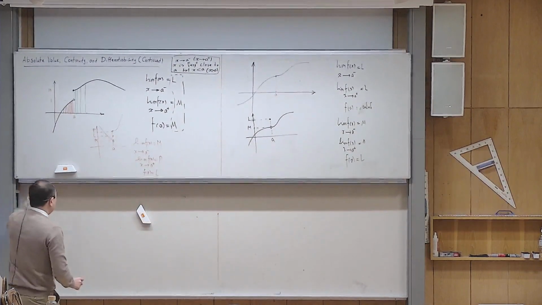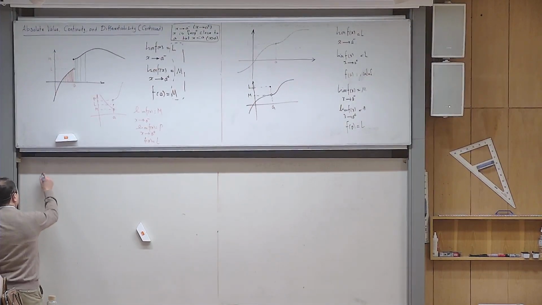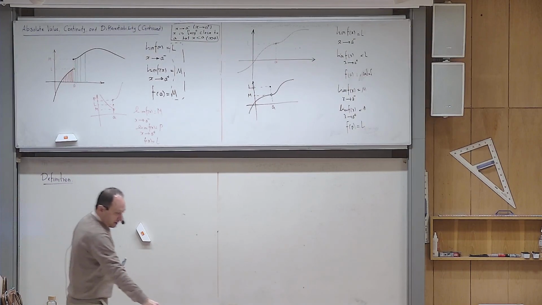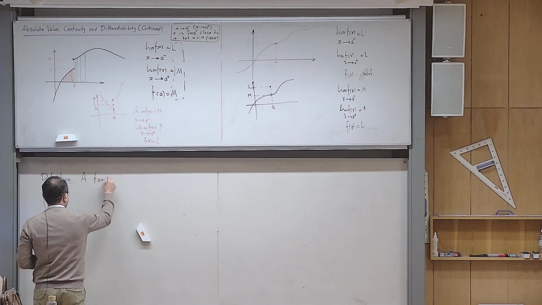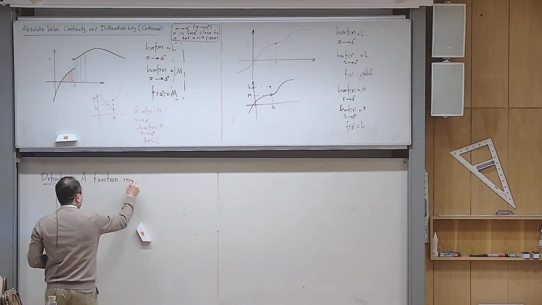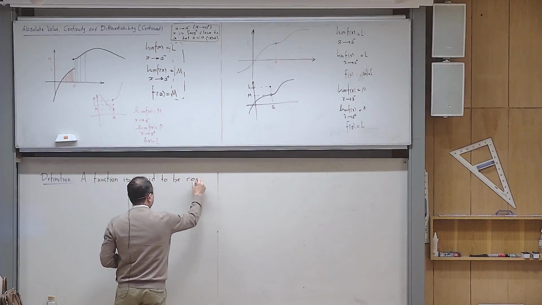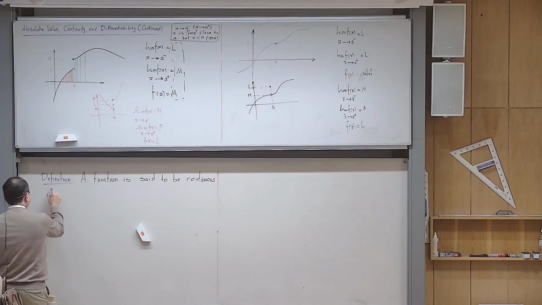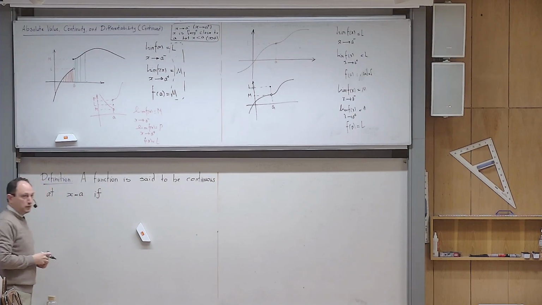So I would say definition. So a function f is said to be continuous at x equals a if, okay, now what is that if?